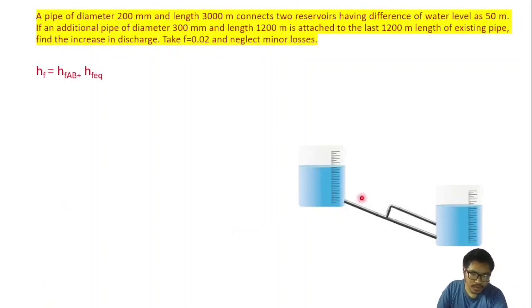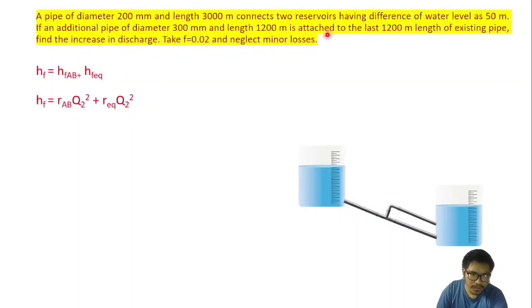So the combined head loss is the head loss in AB and the head loss in these two pipes. So H of AB is RAB Q2 square and H of EQ is REQ Q2 square.